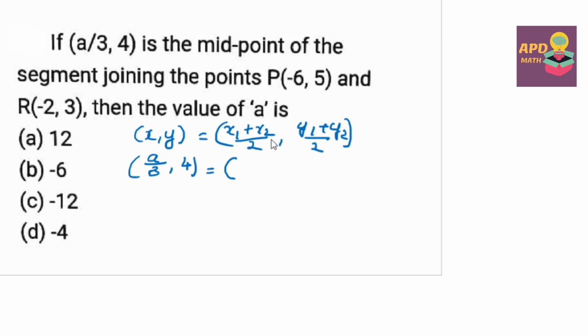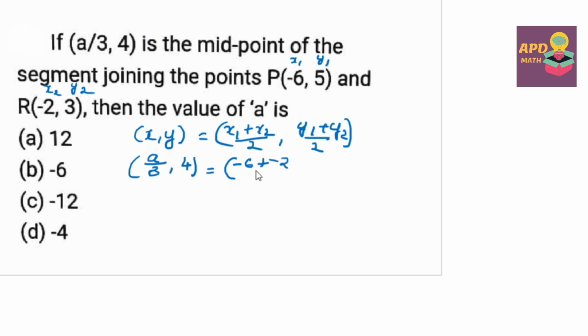P coordinates are x1, y1 and r coordinates are x2, y2. So x1 plus x2, that is minus 6 plus x2 is minus 2.